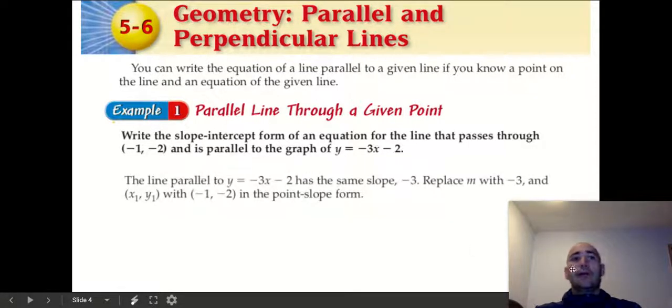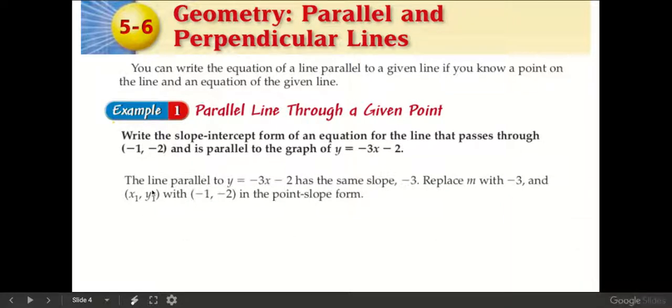So let's look at some steps here. The line parallel to y equals -3x minus 2 is going to have the same slope. This is already in slope-intercept form, so I can tell that this line has a slope of -3. So if mine is parallel to that, it will also have a slope of -3.